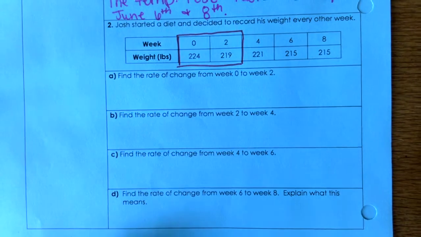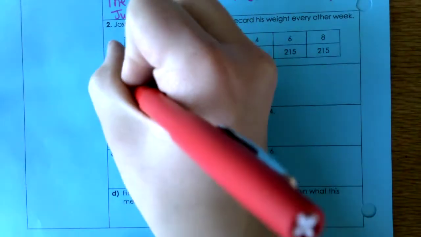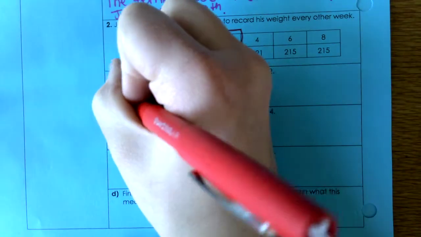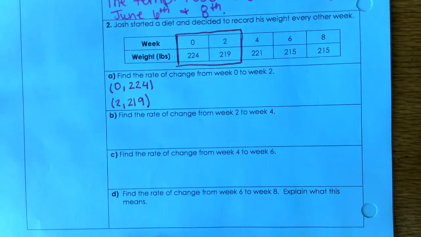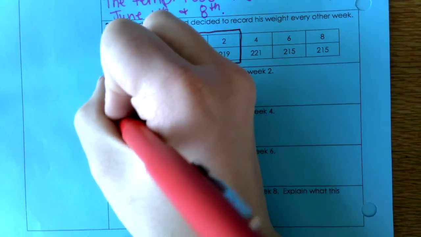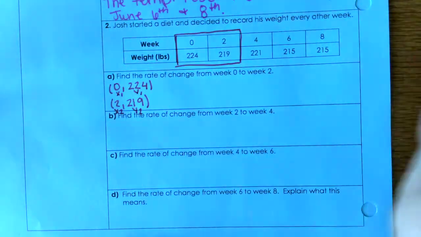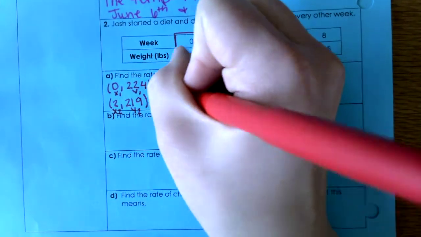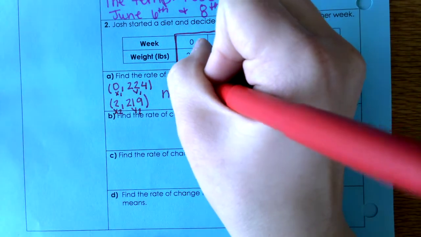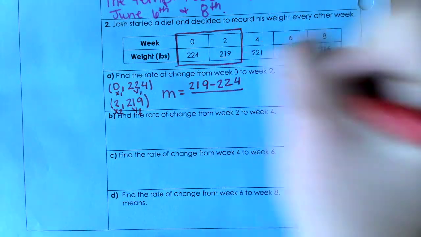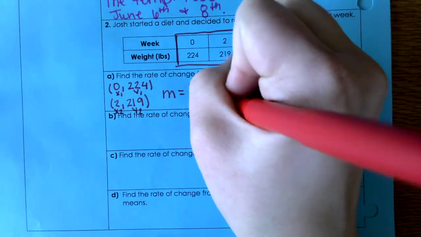Okay, my first point would have been (0, 224), because at week 0 he weighed 224, and then (2, 219), because at week 2 he weighed 219 pounds. So again, I'm going to go y2 minus y1 over x2 minus x1, and I get m equals 219 minus 224 over 2 minus 0.